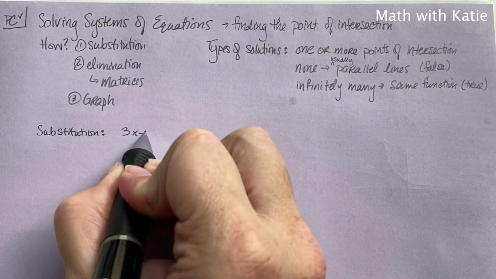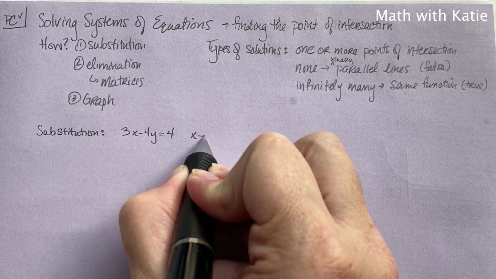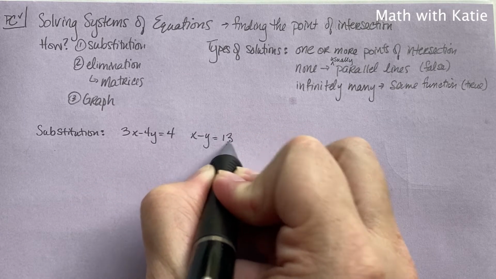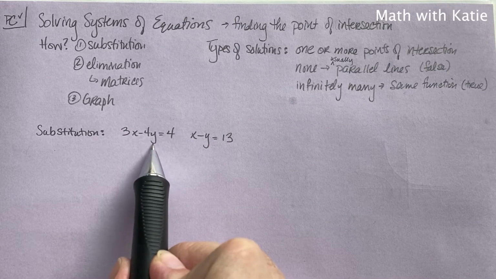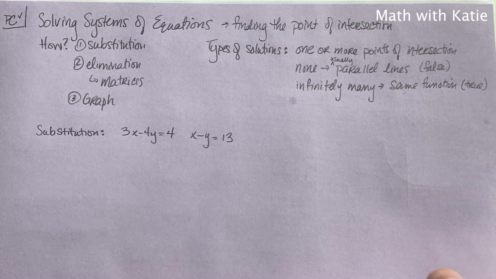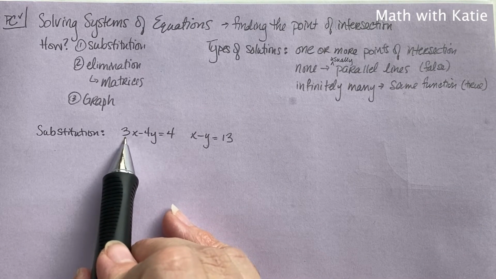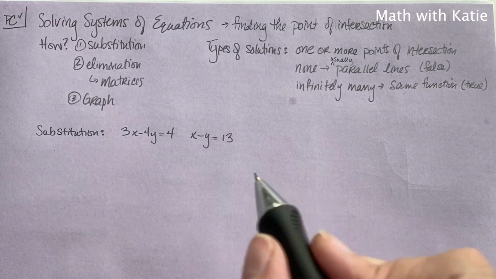So 3x minus 4y equals 4, and x minus y equals 13, okay? So we could go ahead and just solve both of these equations for y, set them equal to each other. But since this y has something in front of it, and that's going to leave us with 3/4, that's not going to be fun.